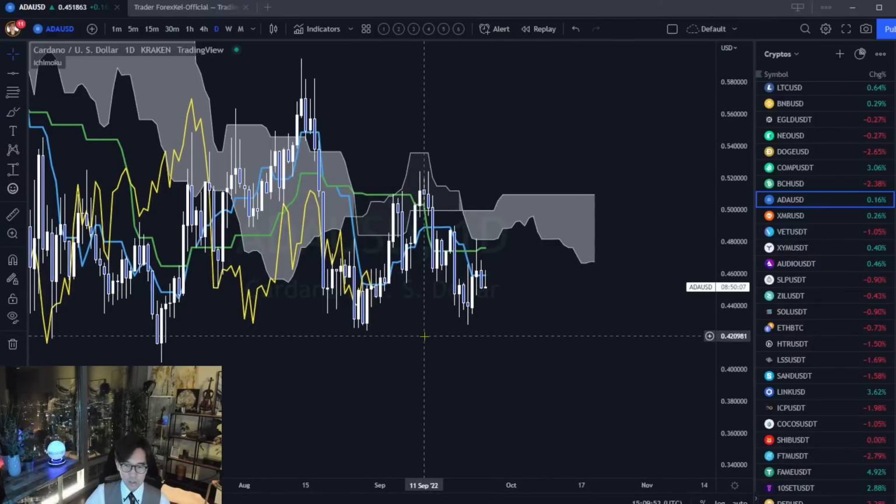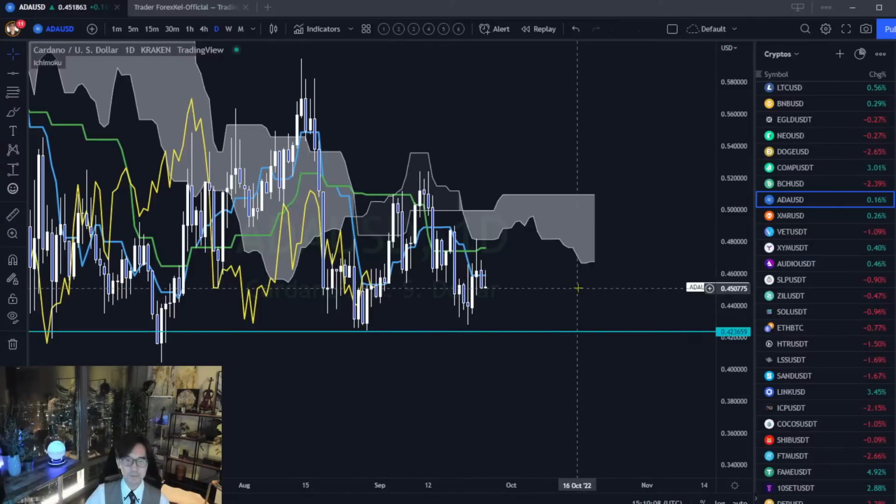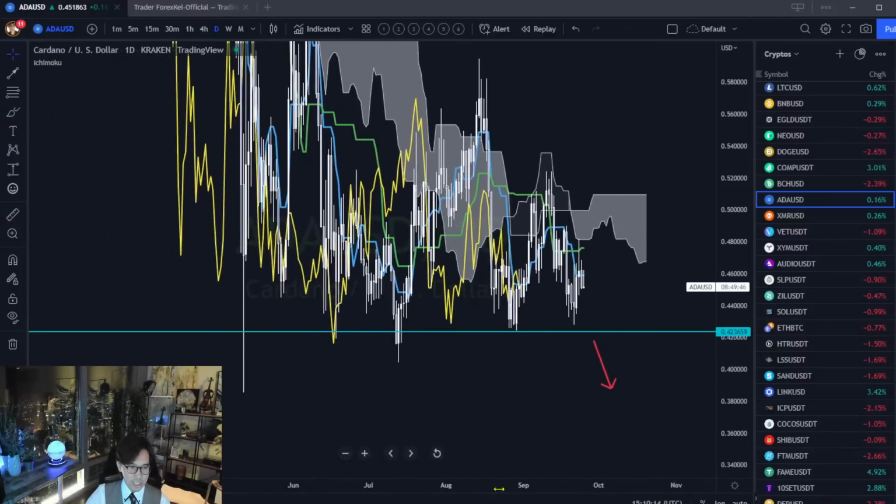So the scenario is you wait for the Chikou span to break below the candles, while the price is also below the Tenkan-sen, then that becomes a bearish downtrend, and it may break the support and may go down continuously.